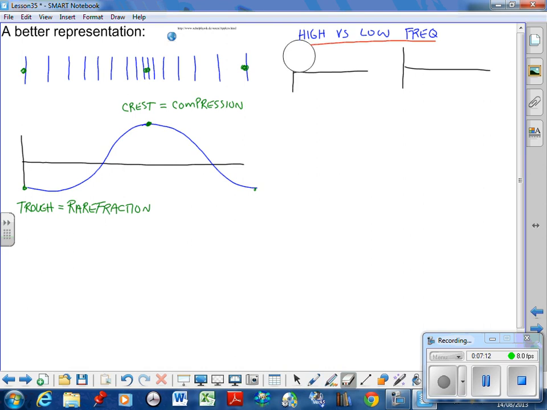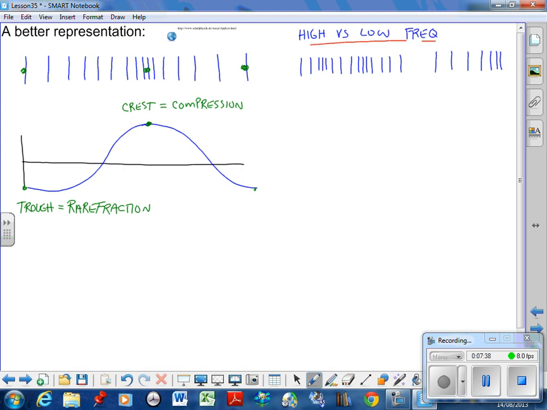What does a high frequency look like? It means that your bars would stretch and compress more often, compared to a low frequency, which would look like a very, very slow progression back together.